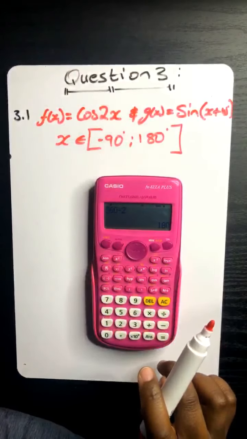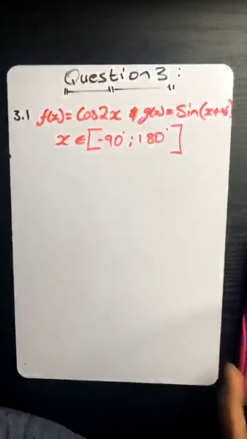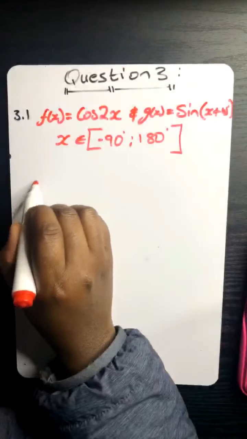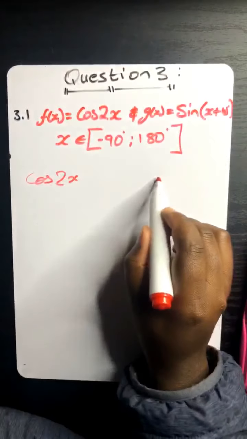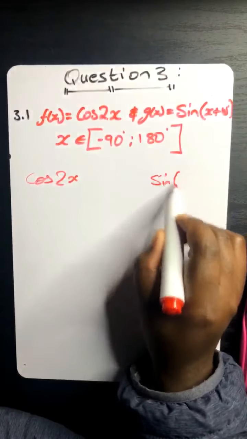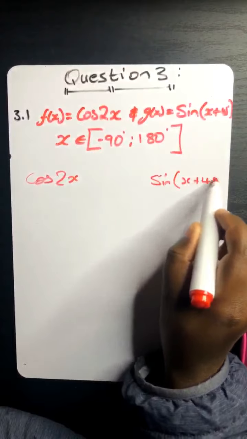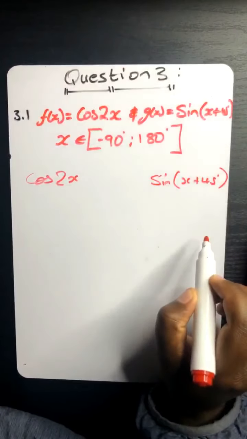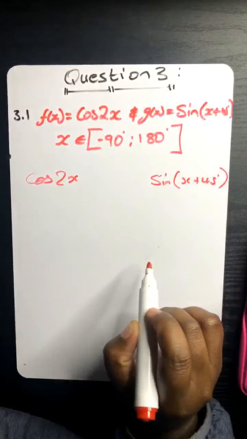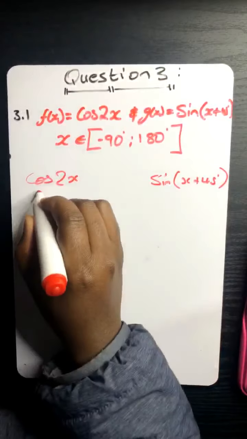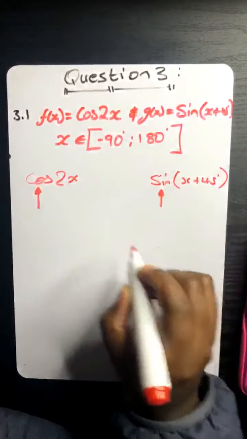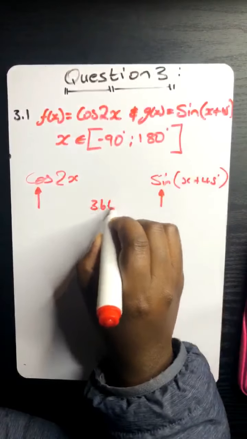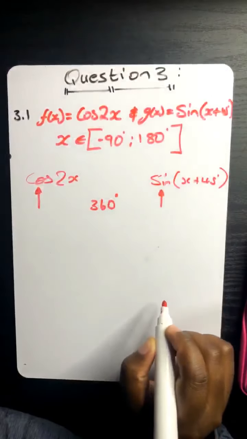You have 180. Let me do this for cos 2x and for sine of x plus 45 degrees. This is how you determine the period. Firstly, the period for the cos function and the sine function is 360 degrees.